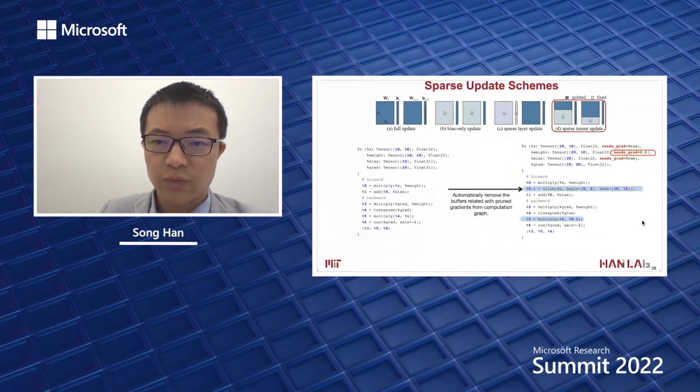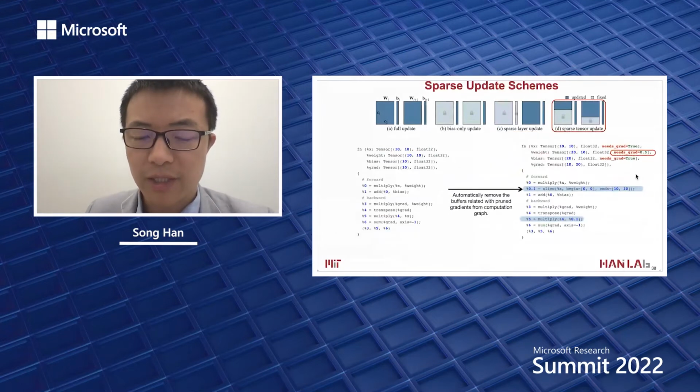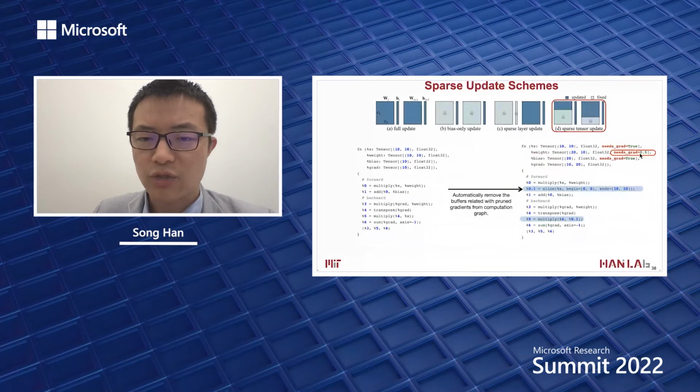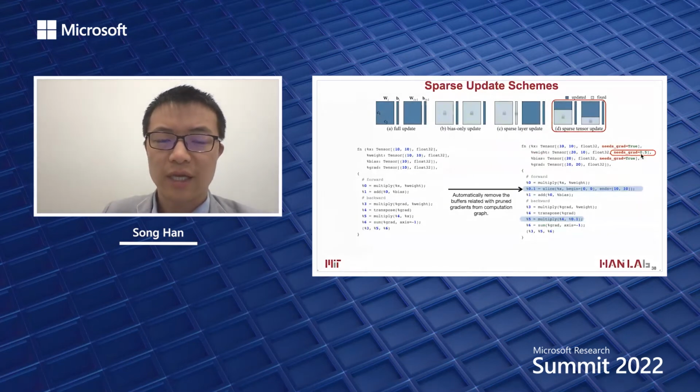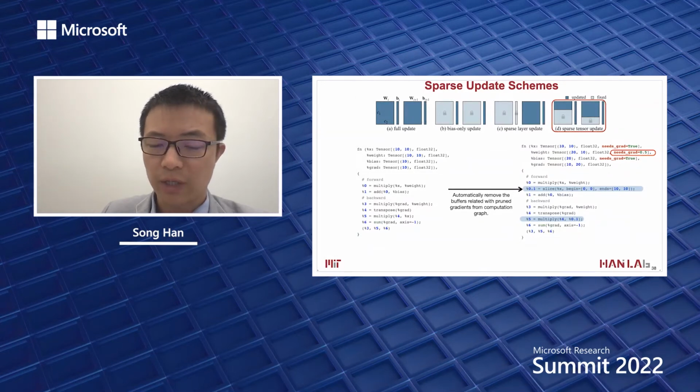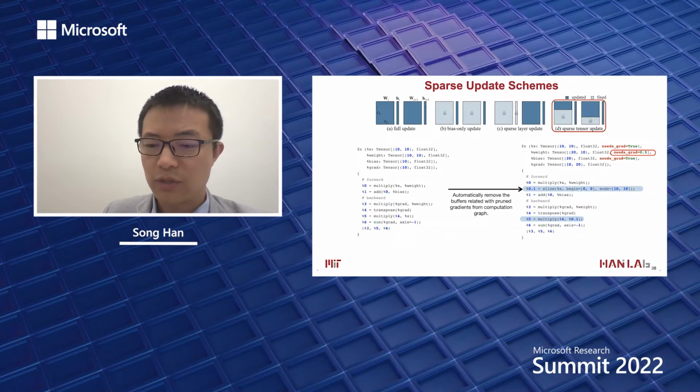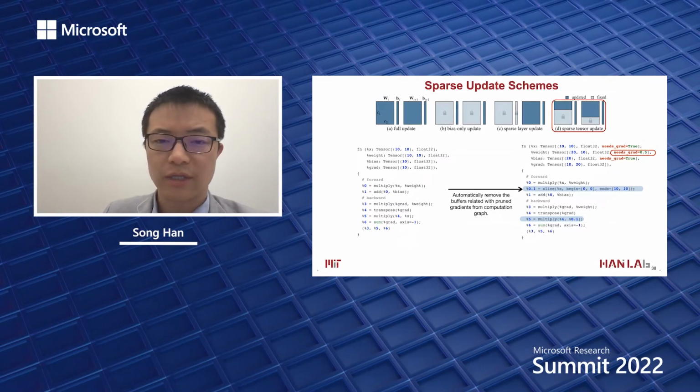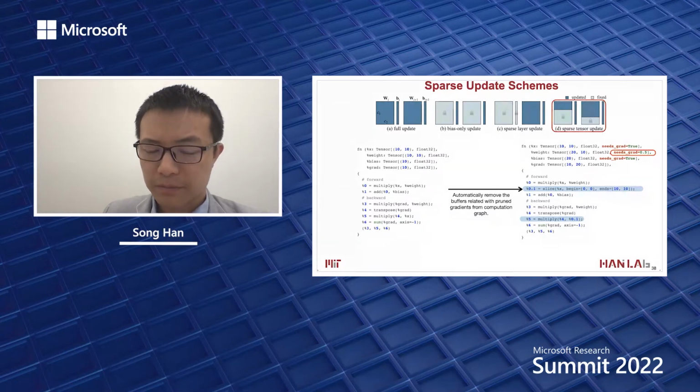And for the layers where we need the sparse tensor update, we specify need grad to be 0.5, meaning that we only update the tensor partially. And we can slice away those redundant tensors and keep them the same without having to store the activation in memory at all.